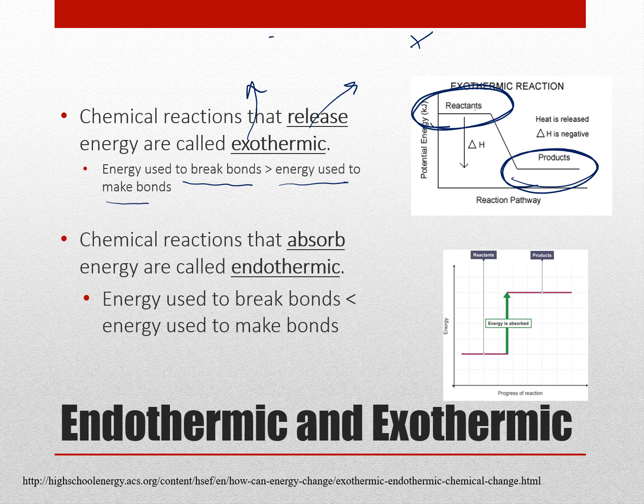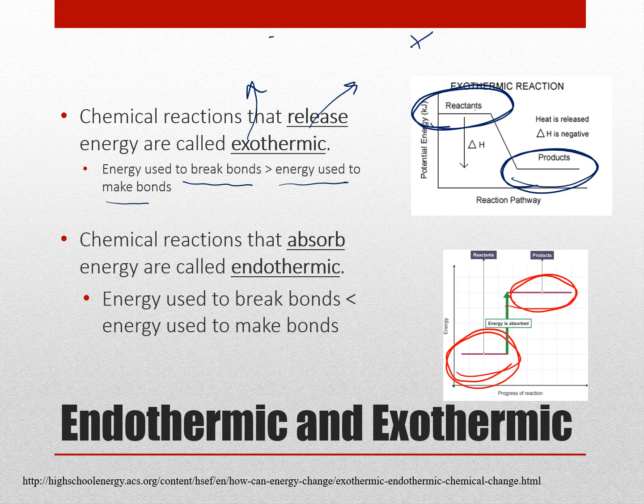Endothermic is the exact opposite. Instead of the heat leaving, heat is entering, or energy is entering the system. The energy needs to be absorbed by the system. Graphically, I would have the energy of my reactants lower than the energy of my products.